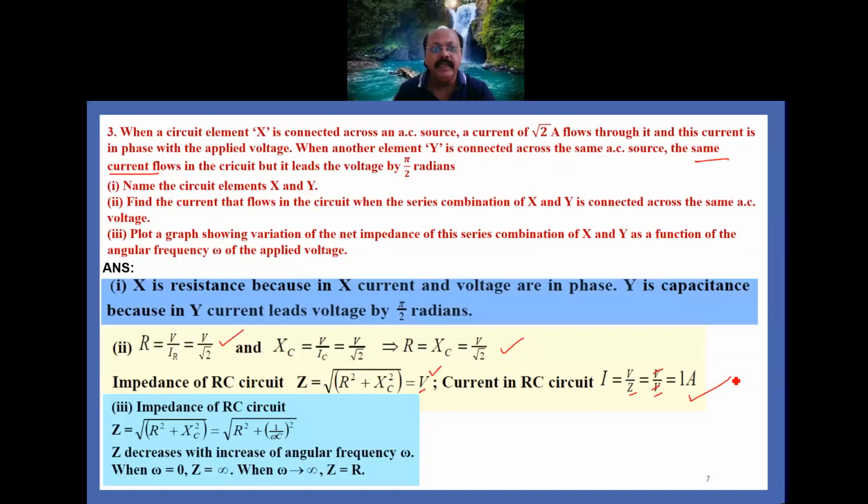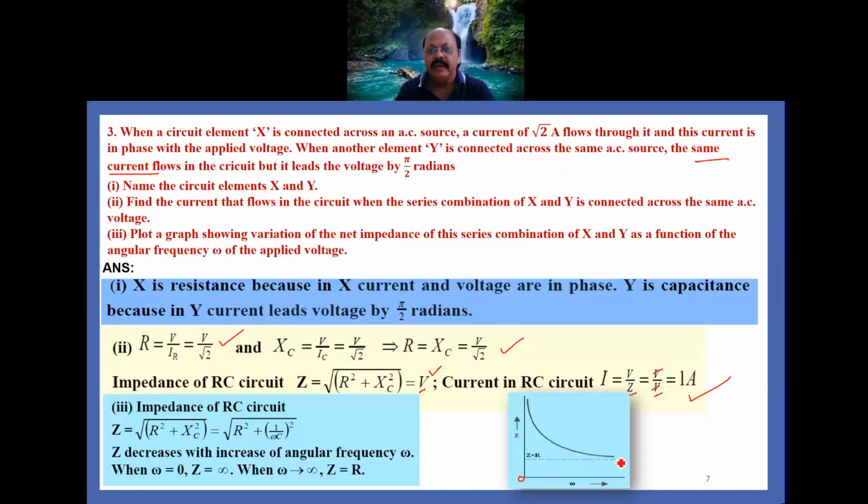So by keeping this concept in mind, you plot the graph and the graph comes like that. When omega is 0, at that time Z is infinite, so therefore here it is a gap. And as the omega increases, the impedance decreases.